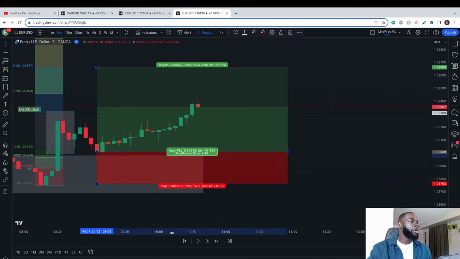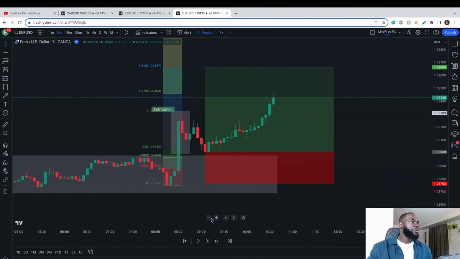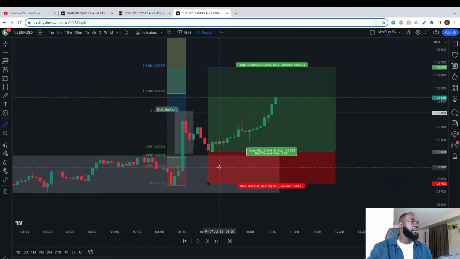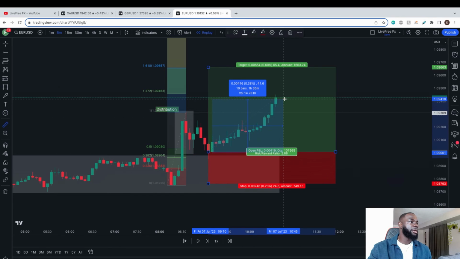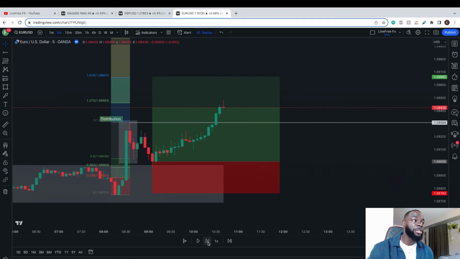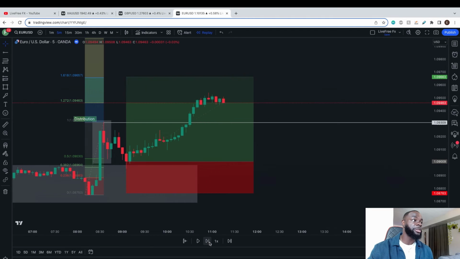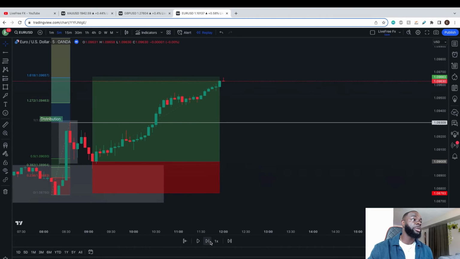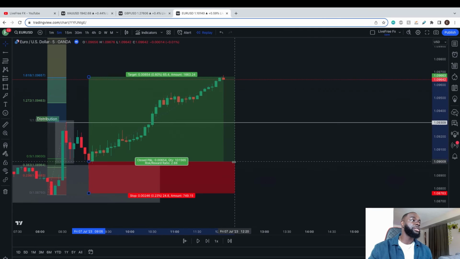So there we go. Our first take profit has been hit within an hour and a half, right? Within the first hour. What you also notice with this particular trade is there is pretty much zero drawdown, which is why I love this particular strategy. And that's what you see here again.